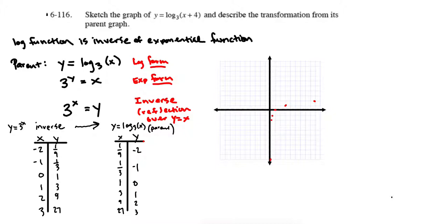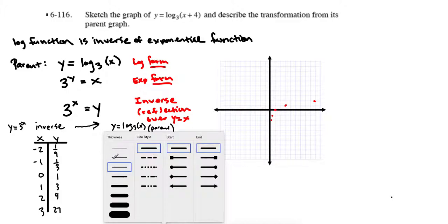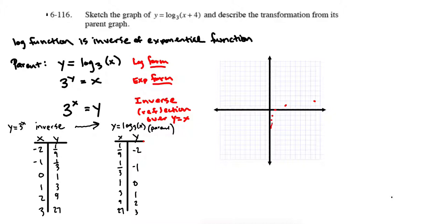Remember, this never touches the y-axis, and that's not going to be good enough for me. Let's make it a little thinner to give myself a chance. It's going to go down the y-axis, come up, and why is this so hard to draw on? Good Lord.